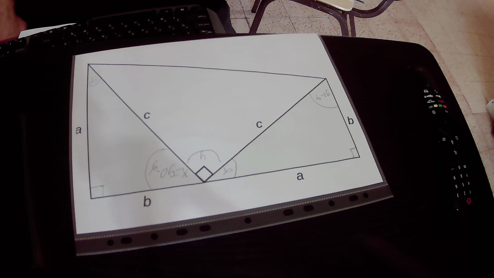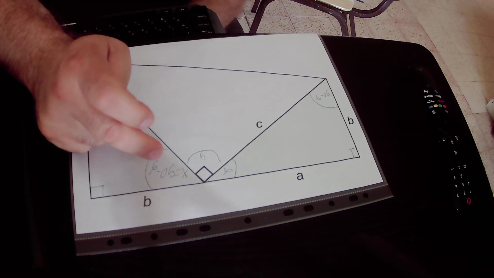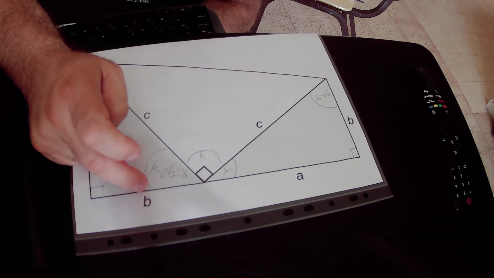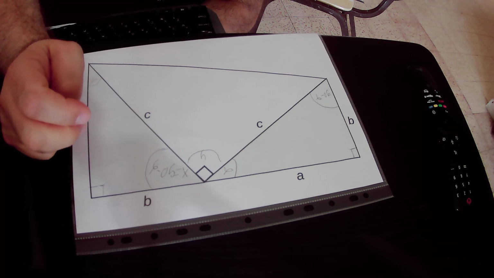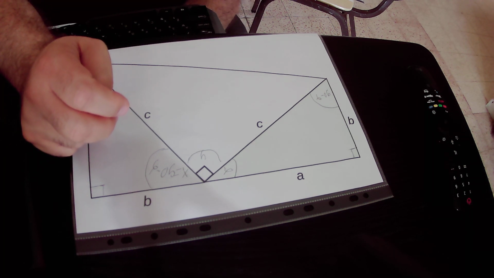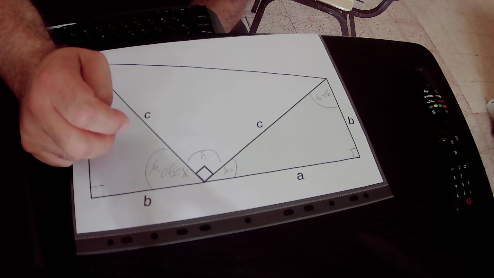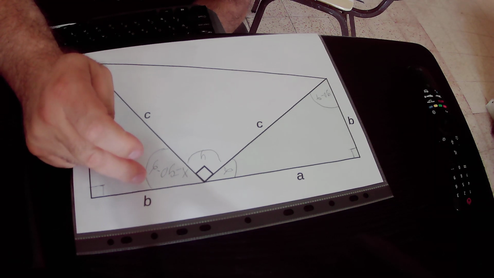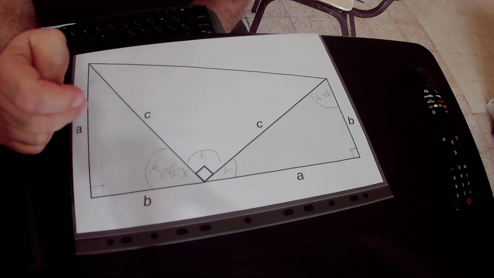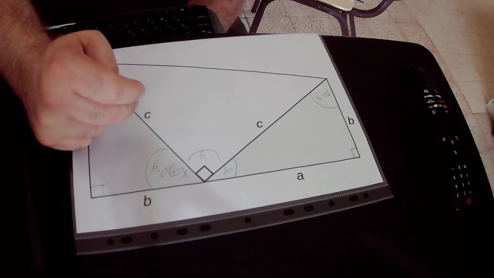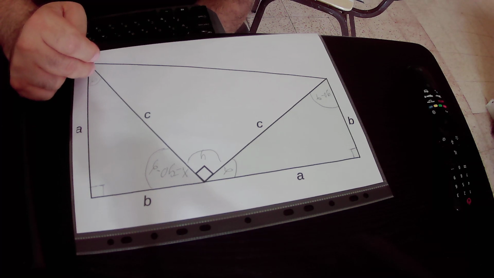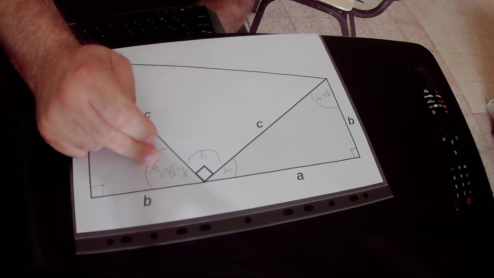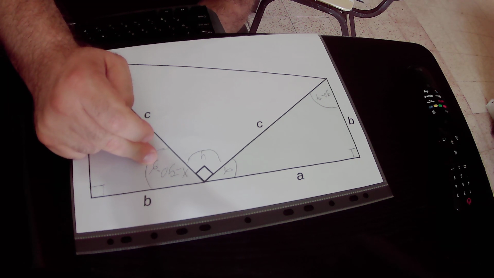Therefore, if we mark the angle between side B and side C as x, then in total we can say that alpha plus 90 plus x is equal to 180 degrees.